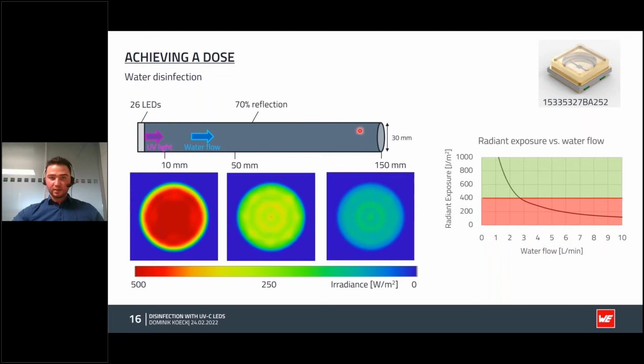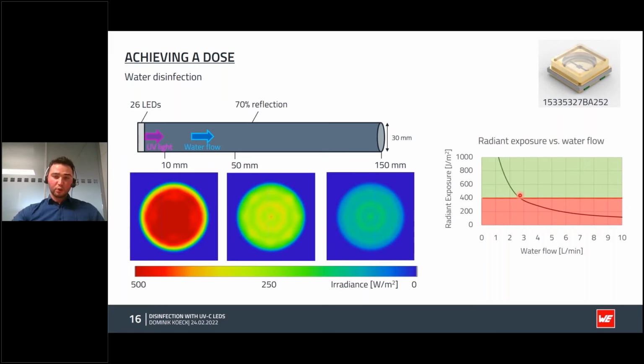In my simple case, what I received was a water flow of something like 3 liters per minute was possible in this very simplistic model, with just the LEDs next to the water pipe without any reflectors and fancy stuff. Basically, to achieve the safe disinfection of above 400 joules per square meter, you need a water flow of below 3 liters per minute.